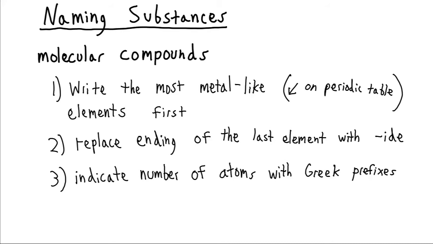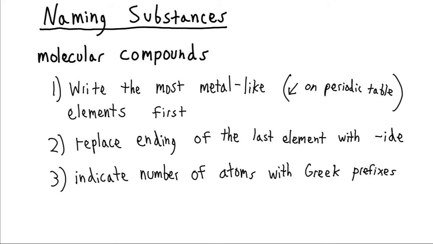Now, if we have a molecular compound, this is actually the more straightforward case. So we just need to name all of the different atoms in our compound, and we need to say how many of them there are. So we're going to start with the most metal-like of the elements. Recall that the periodic table, in the bottom left, there are metals, and in the upper right, there are nonmetals.